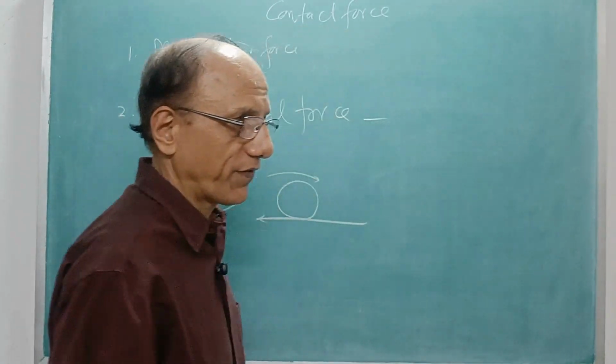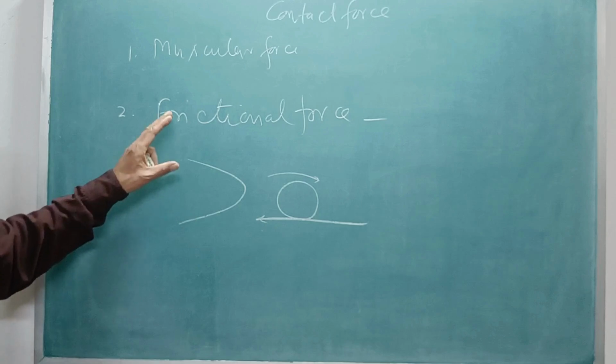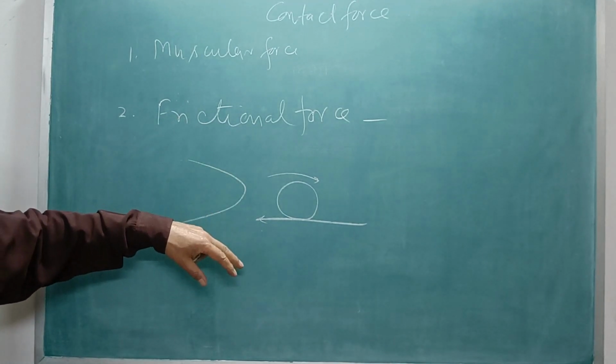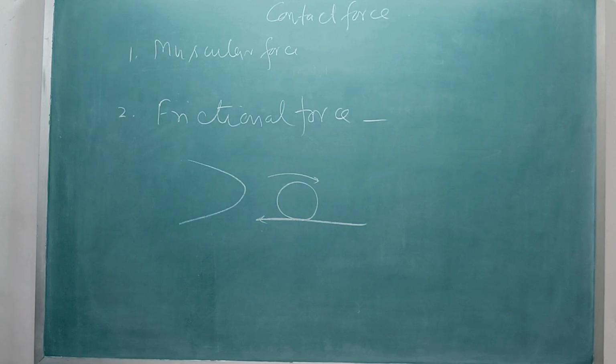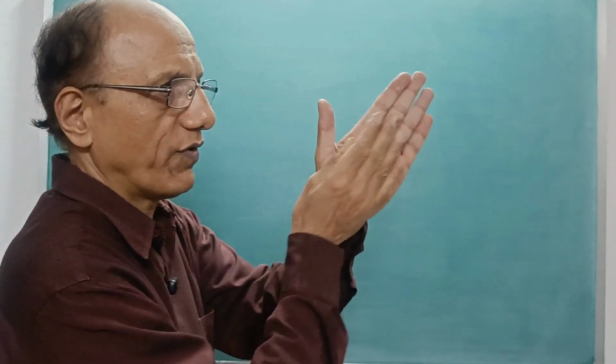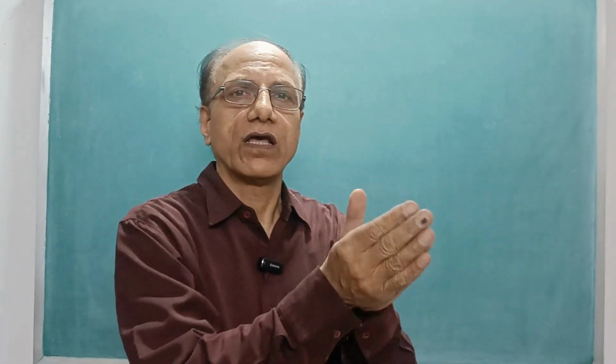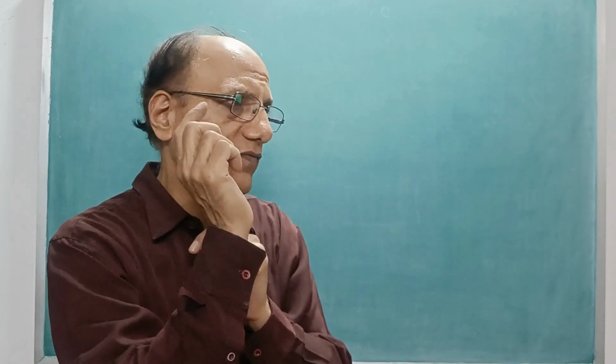So frictional force depends on the roughness between the two surfaces. That will be very clear with the help of the activity I'll show you. Frictional force always takes place between two surfaces when one rolls or slides, that means when one moves on the other surface.